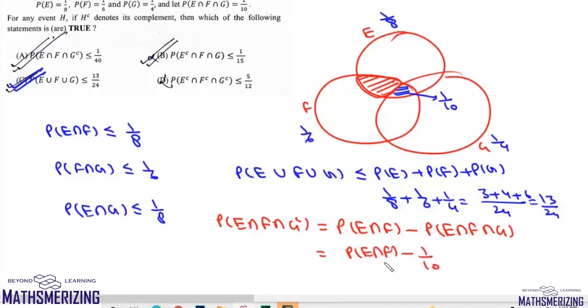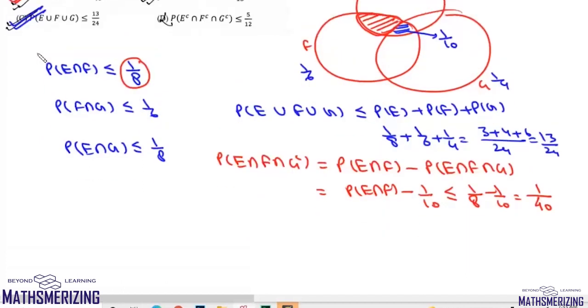Now we know that probability of E intersection F is always less than or equal to 1 by 8. So its maximum value is 1 by 8. So it will always be less than or equal to 1 by 8 minus 1 by 10, which is 1 by 40. That means this option A is also correct.